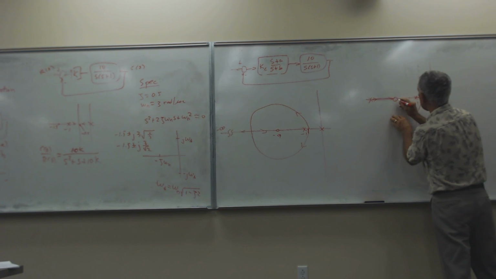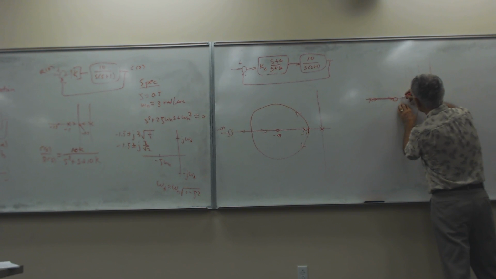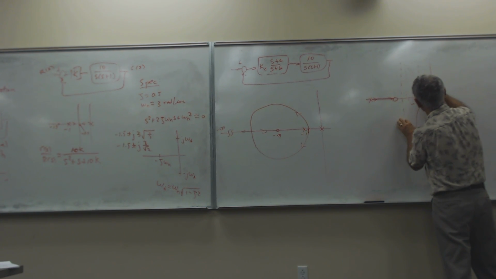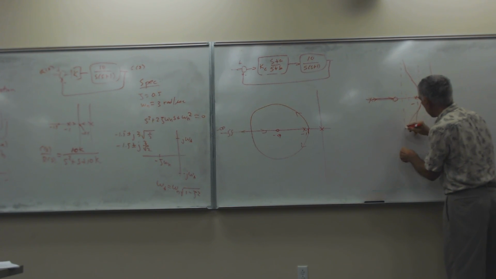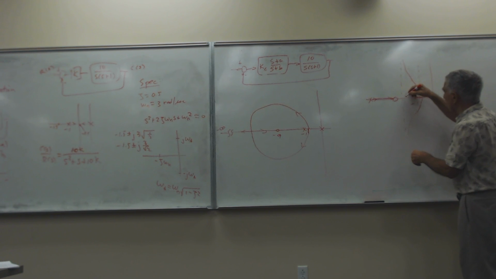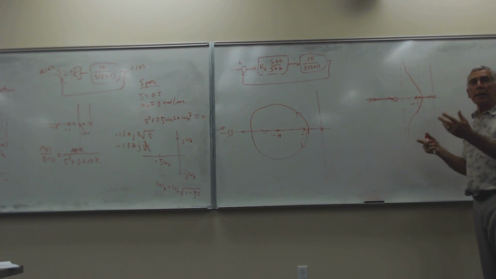If this is -1, this is -2, say, minus 1.5 would be right in there. So let's say that the asymptote is here and here. So it would go like that and like that. Okay. So it has a chance of hitting that real component.